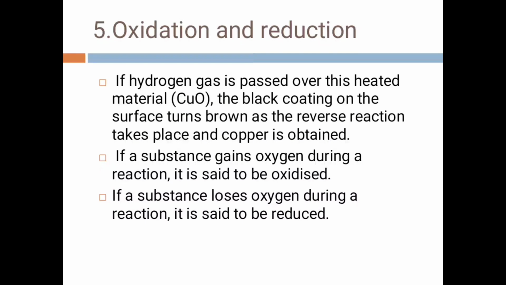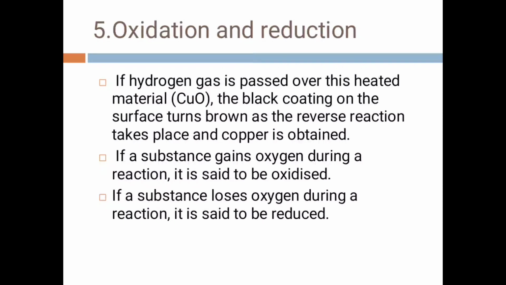Suppose we have an equation CuO plus H2 in the presence of heat getting converted into Cu plus H2O. Here, as CuO is losing oxygen on completion of the reaction, it is said to be reduced.